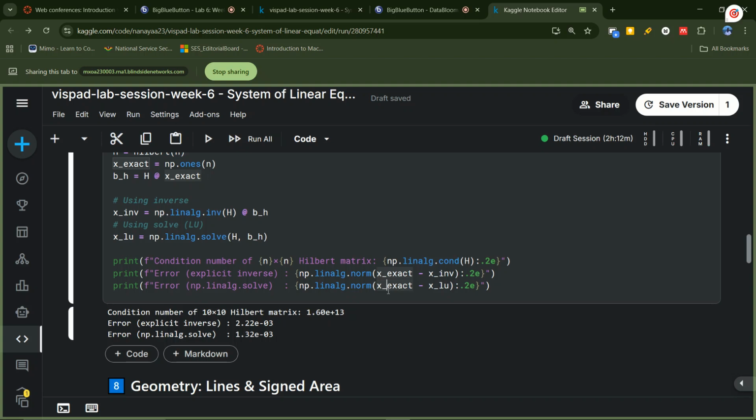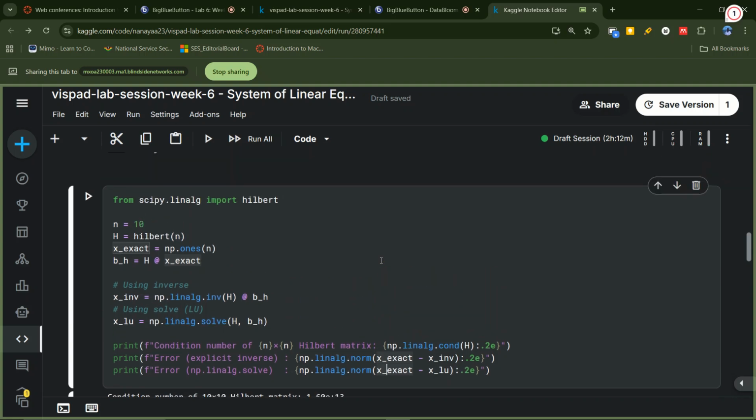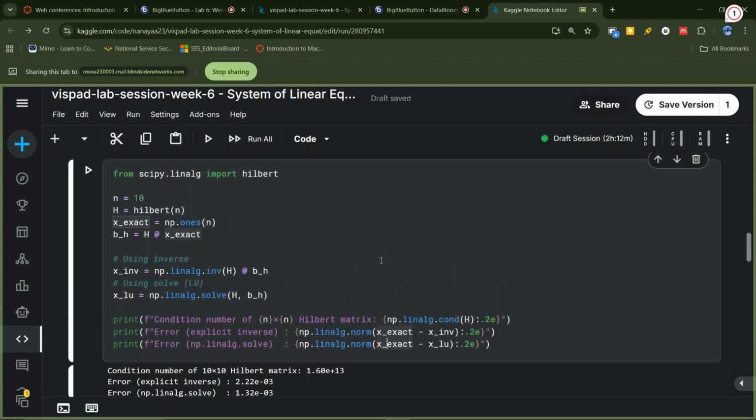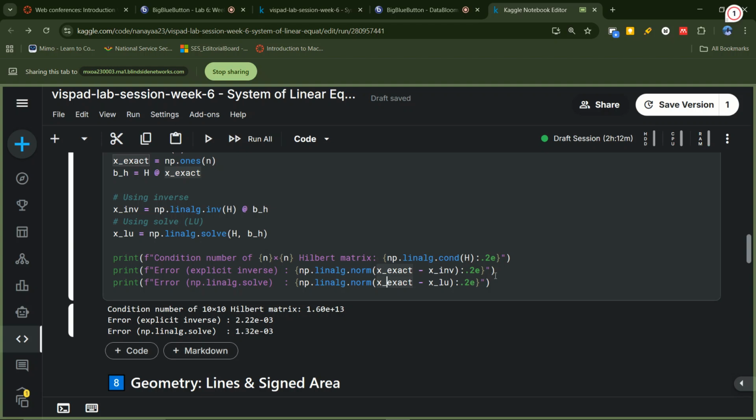So that H is equal to 1 over i plus j minus 1. That is the whole expression for it. Of course, don't bother yourself to understand it, study it or even teach it. This is just some concept you should familiarize yourself with. And then we have this expression over here.